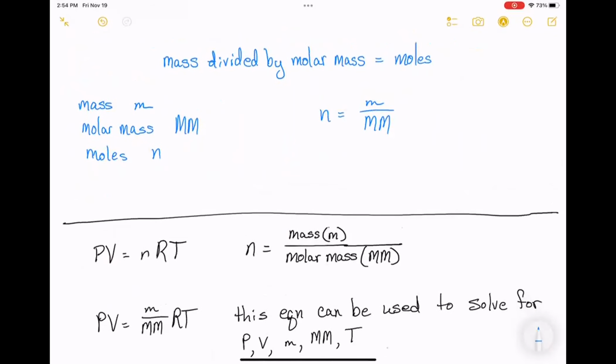When you take that we just developed into consideration as n, and you plug that value in for the n in the ideal gas law, we can create a new equation. And this new equation is PV equals the mass over the molar mass times RT.